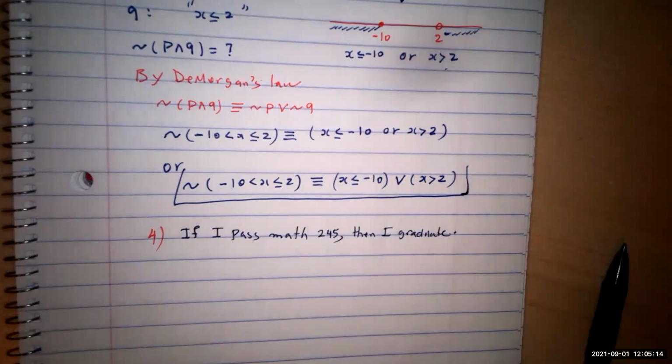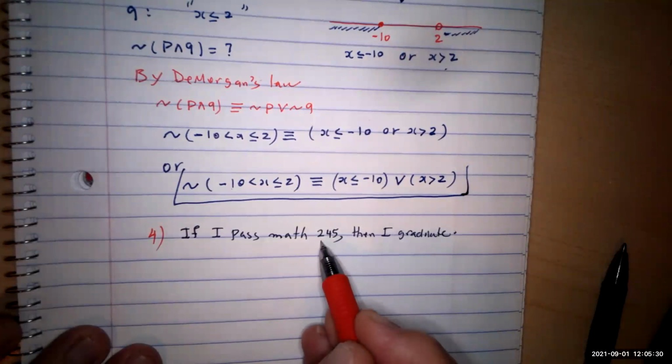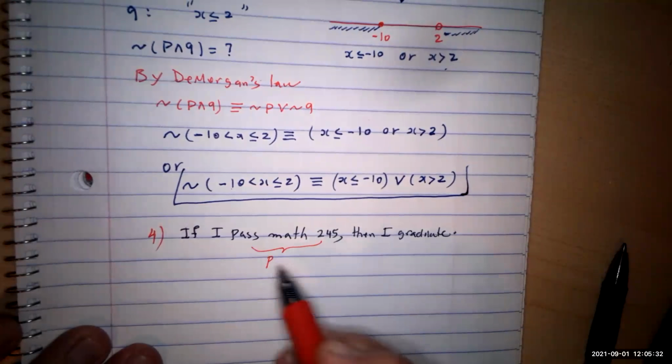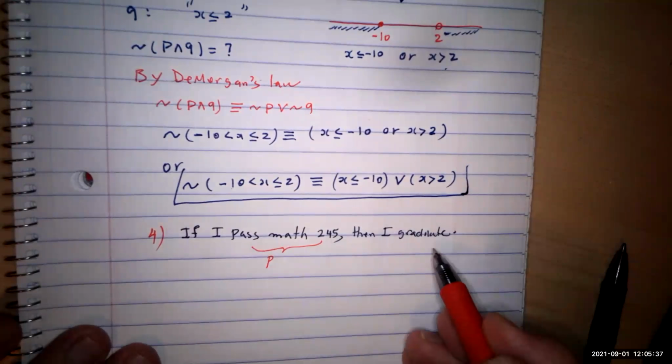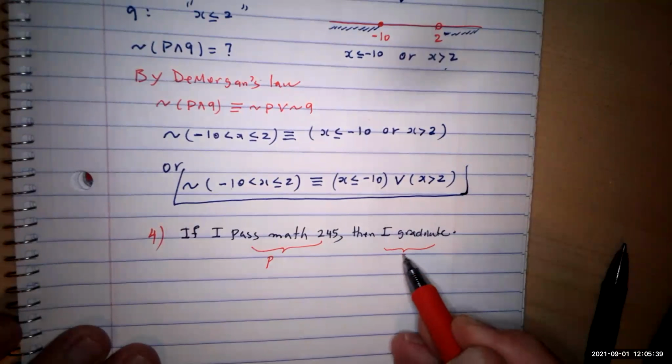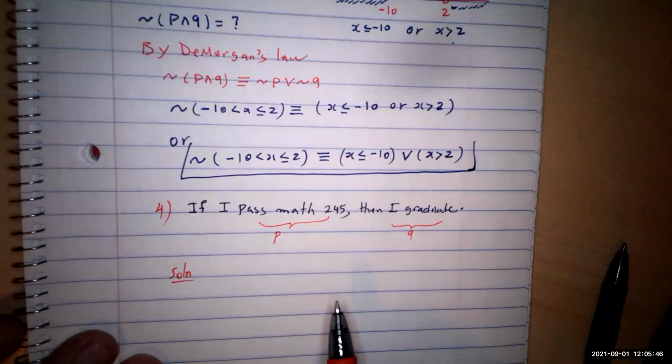You want to find the negation of this one to get the numbers, okay? So as you can see, this is a conditional implication, and so you have to translate it first. So what we do, we are going to call this one P, if you pass math 245, and you graduate, you call it Q. So it would be useful to be patient and change it first. So this is what you need to find.